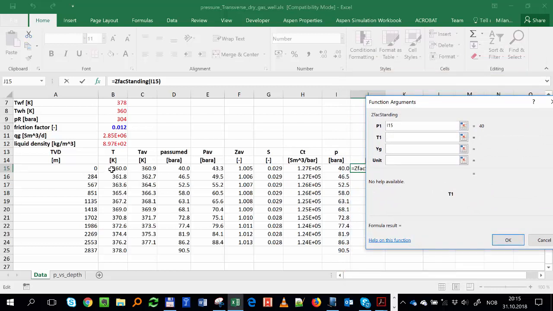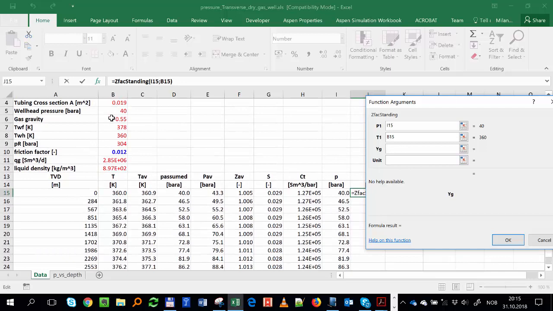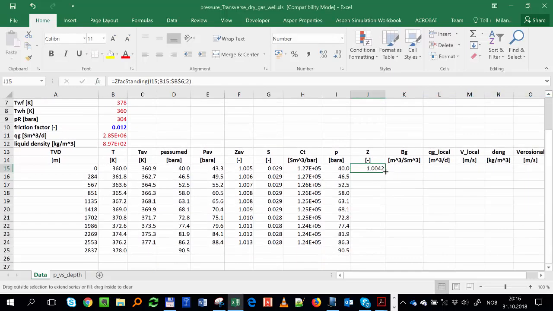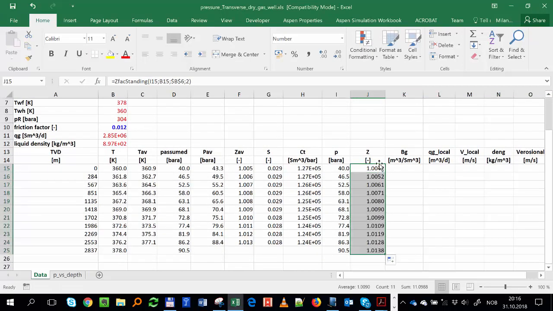Now we're calculating at that point, at that particular depth. The specific gravity, that I have to block with F4, and the unit will be 2. Then I drag it down.